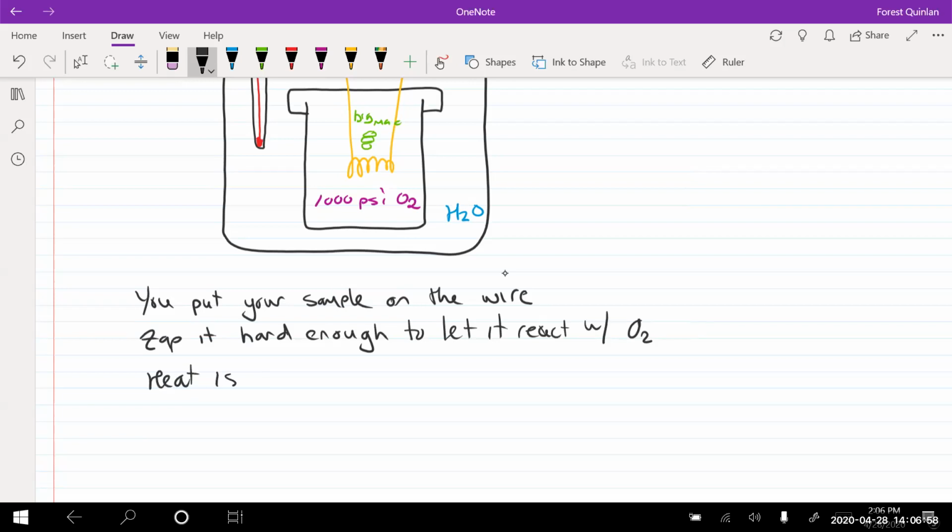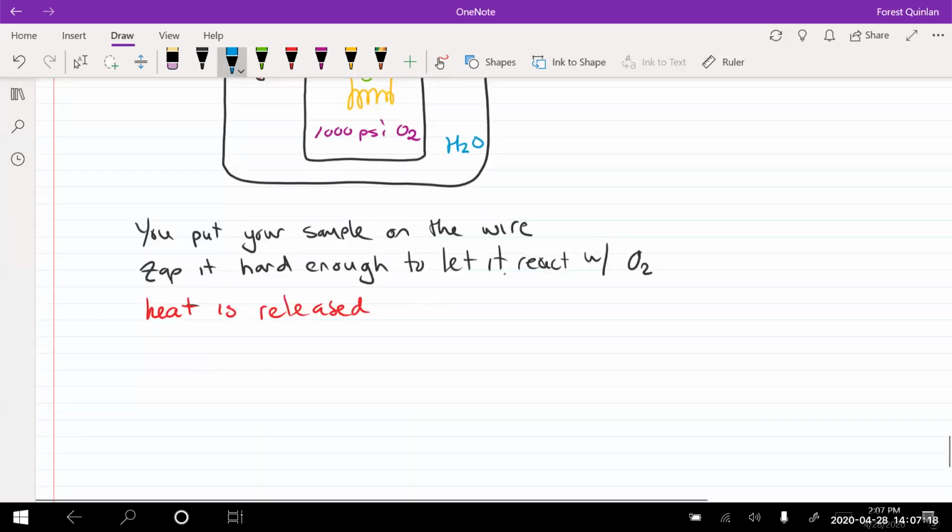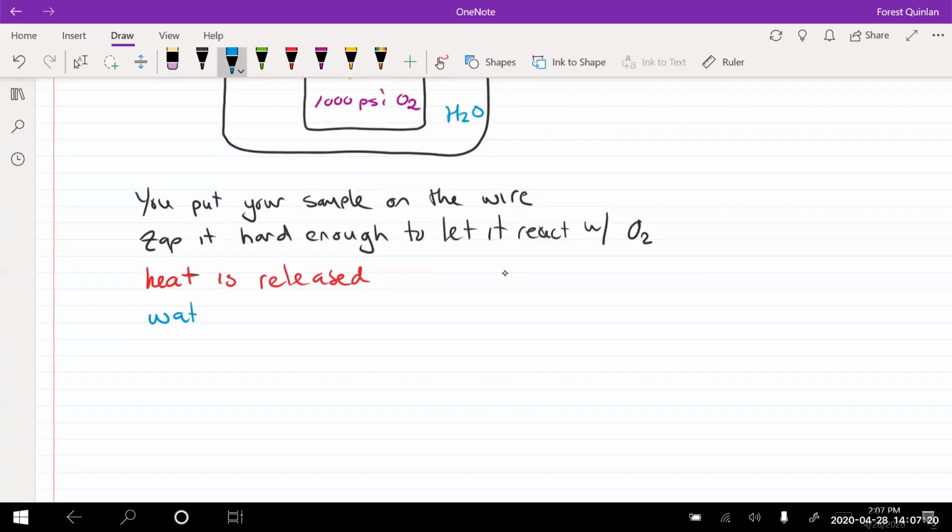Heat is released. Water absorbs it. Temp goes up.